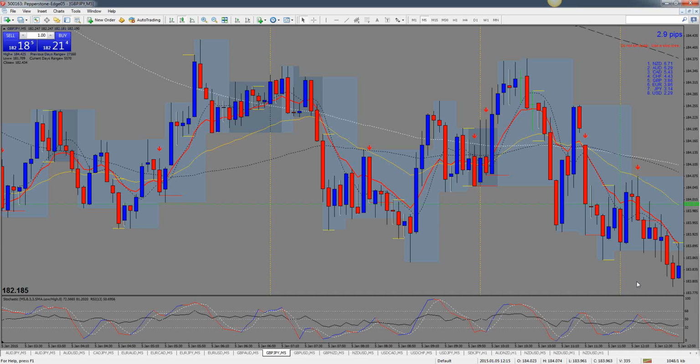If it breaks on the second, I'm thinking about it a little bit. The probability is still there, but it's not as good. And on the third candle, the probability is still there, but again, not as good. Okay, so most likely looking for entry on the candle right after. We're looking for the first entry if at all possible.